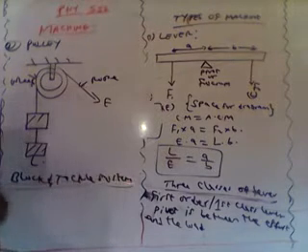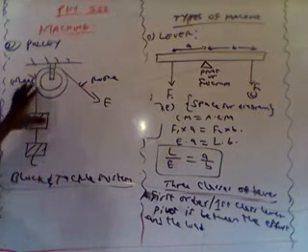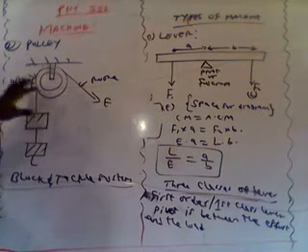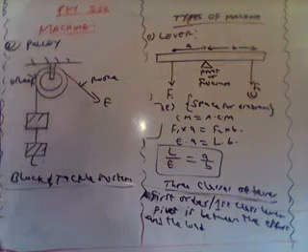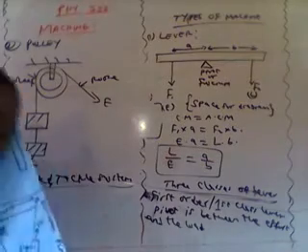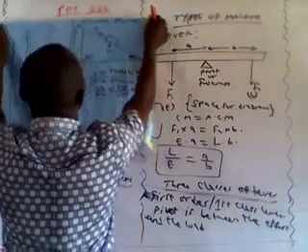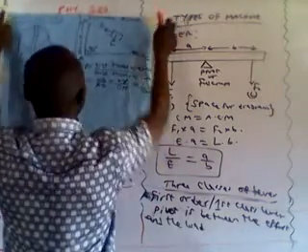In this case, we have 2 or more wheels being joined together. Let me show you an example of that. Example of block and tackle system of pulley.